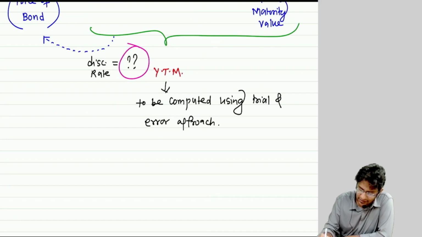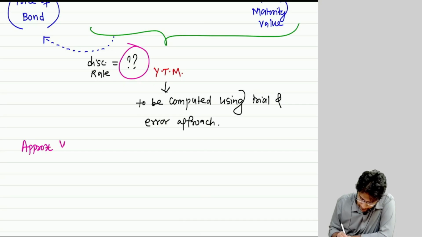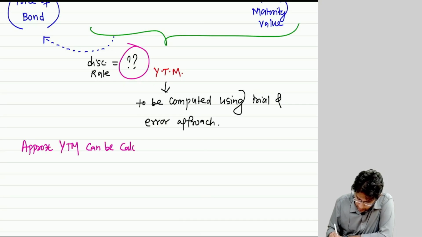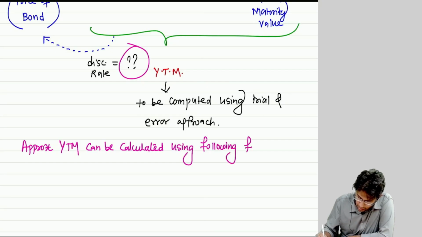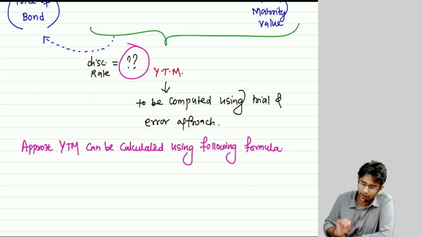But having said that, there is a small shortcut for you. Approximate YTM can be calculated using the following formula, to give a trial rate to start with. It's called approximate YTM.